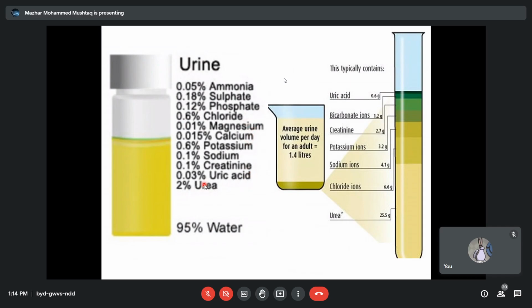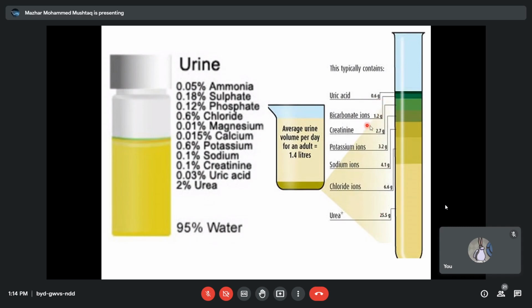These are some of the normal constituents, but their concentration varies, and if their concentration changes, that can be a problem. 95% of it is usually water, and their concentrations are given here also. This is in percentage of the urine, and this is in gram, and this is what is written in the report also.